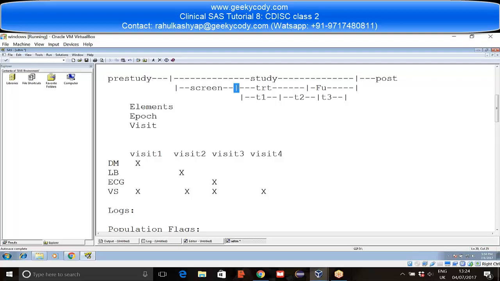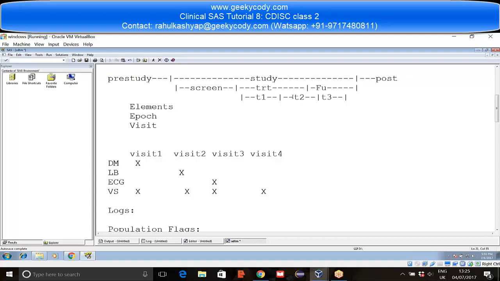After 1 week of screening, they started treatment. That is a treatment start rule, and like that there is an end rule. So start rules, end rules and all will be there only in the trial domains. Any questions? Is that clear?